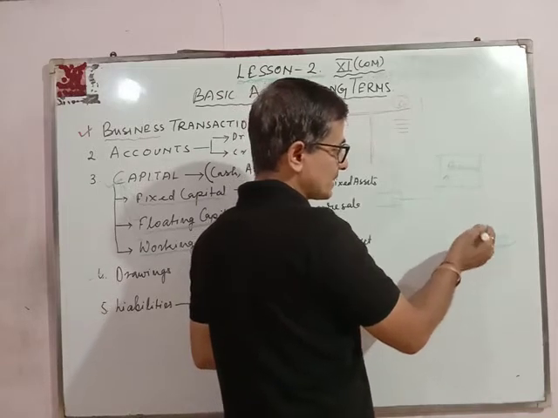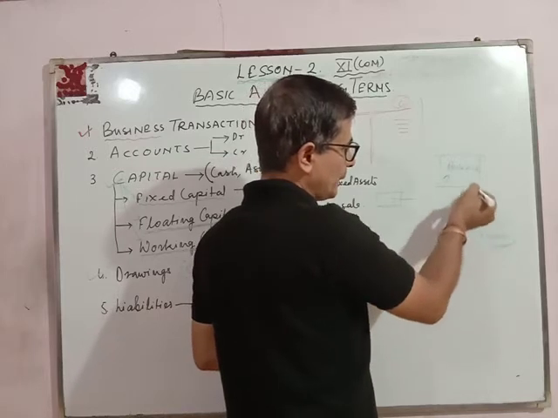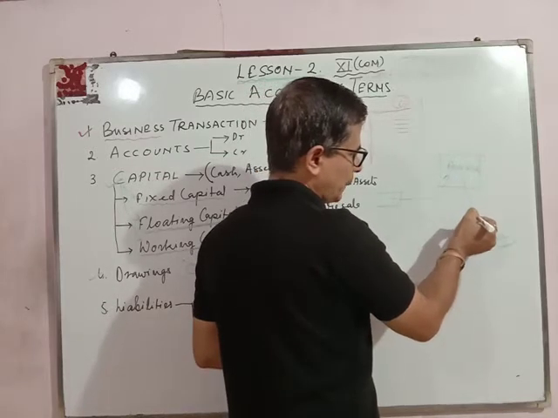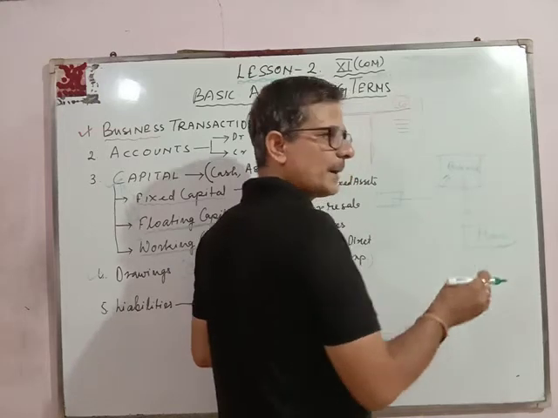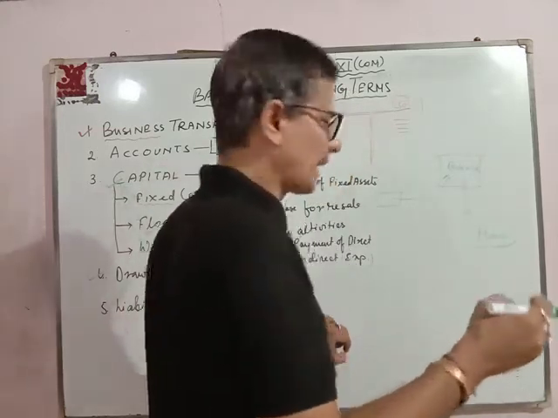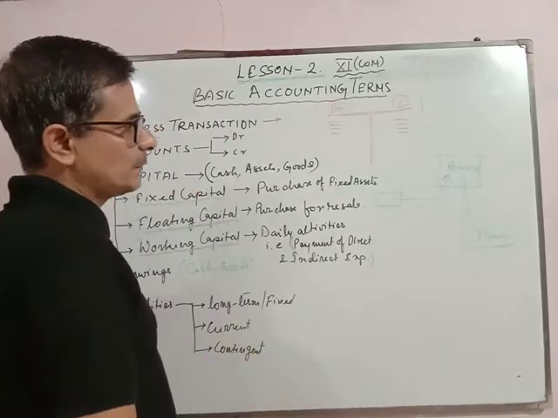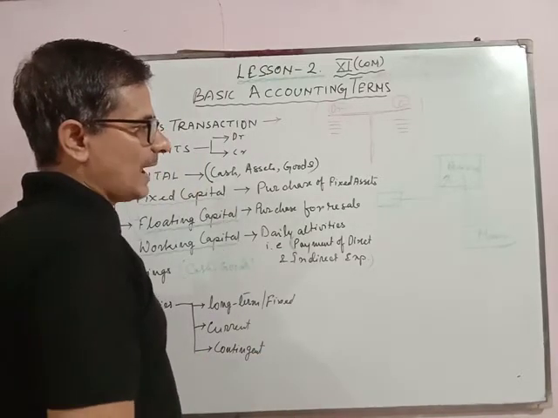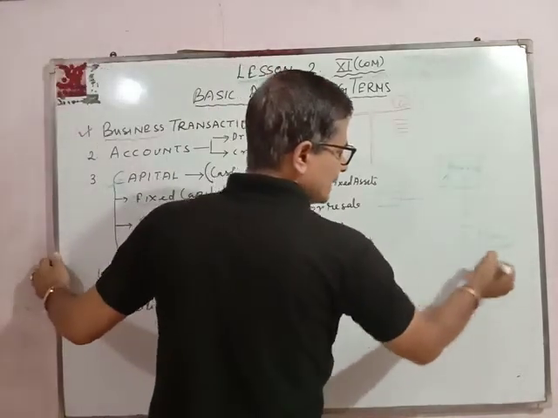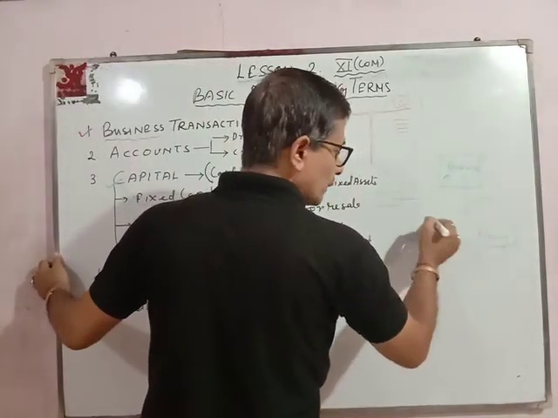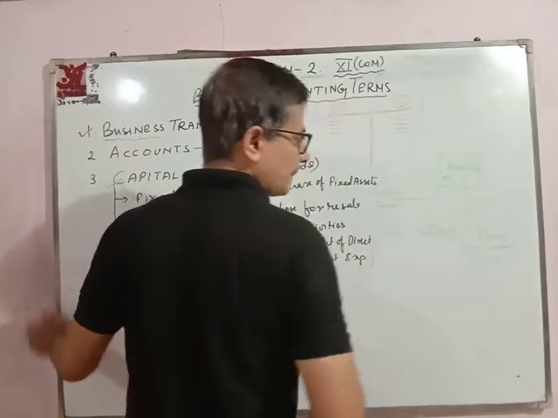Since the business is his only source of income, what he will do is withdraw money from the business as per his requirement. Whatever amount he needs, that much he will draw from the business. Even goods he may withdraw from the business.